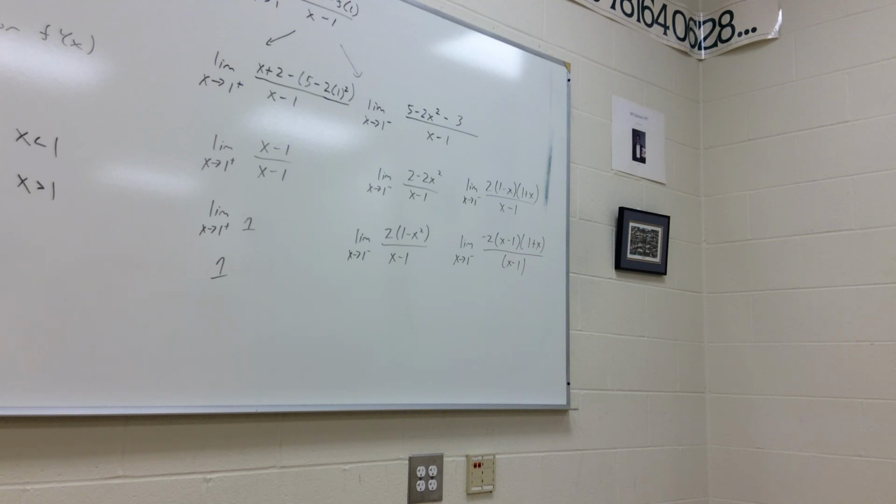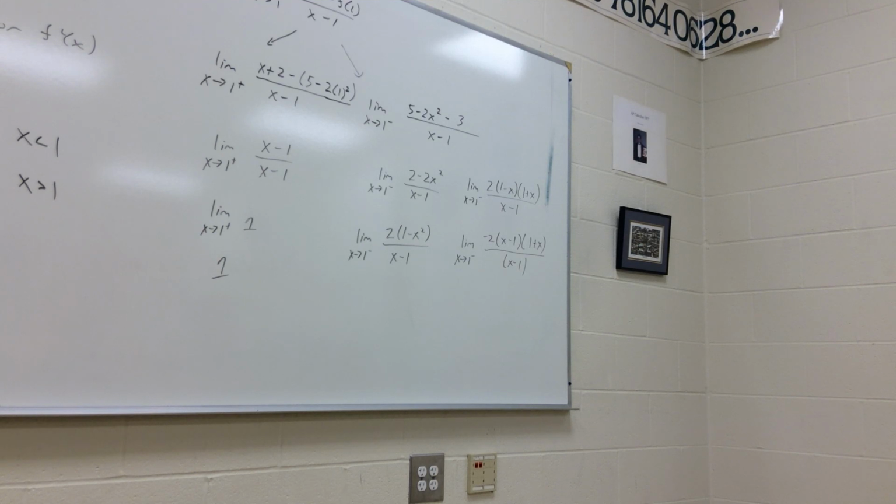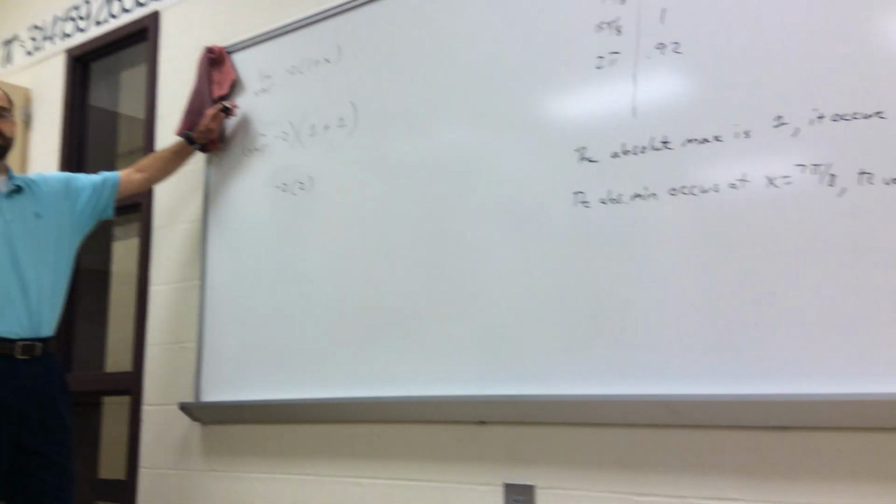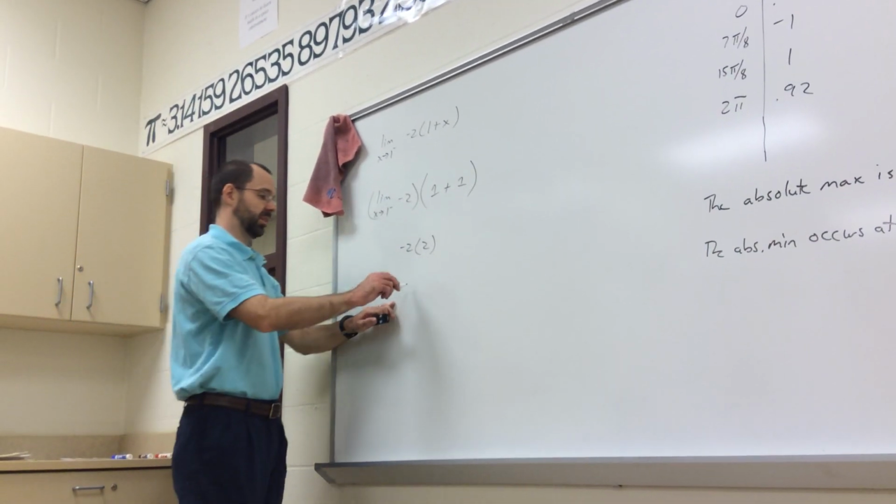Then you can distribute the limit of 2. Just doing limit laws now. And limit of 1 is 1. Limit of x is 1. That's negative 2. I don't know why I wrote down the limit. You're good enough with the limit laws now. So that limit is negative 4.